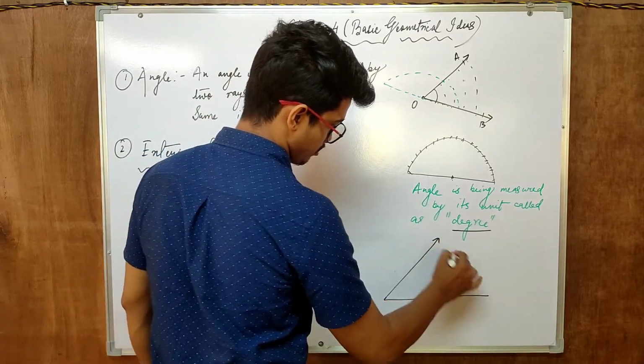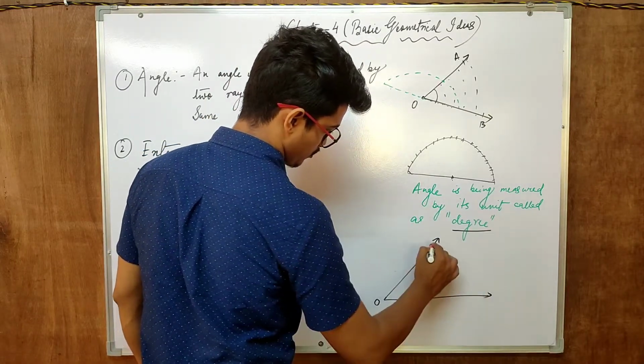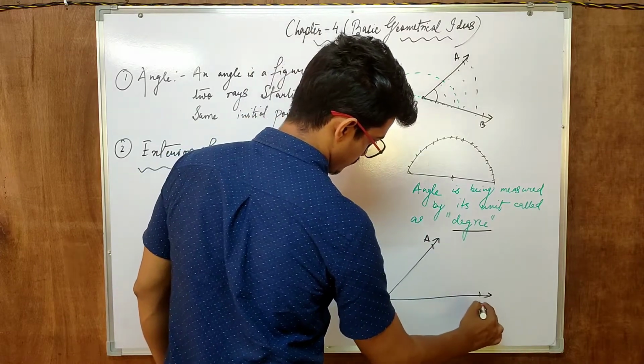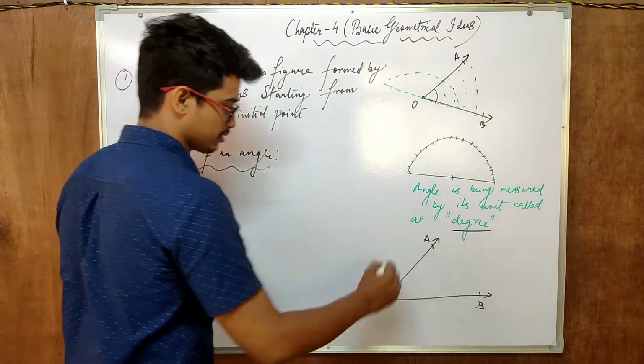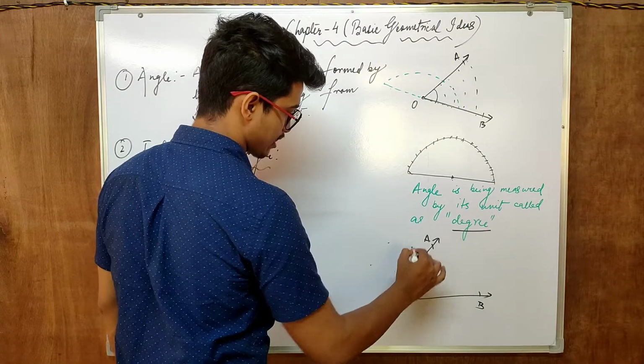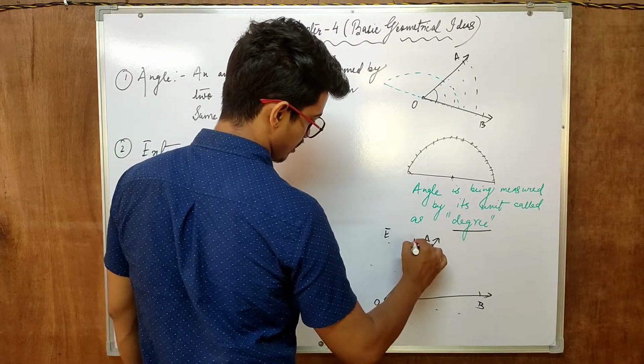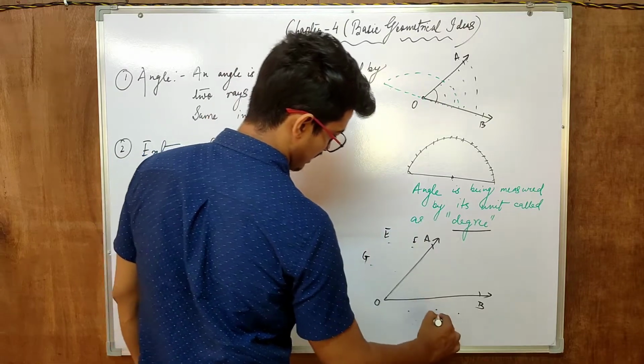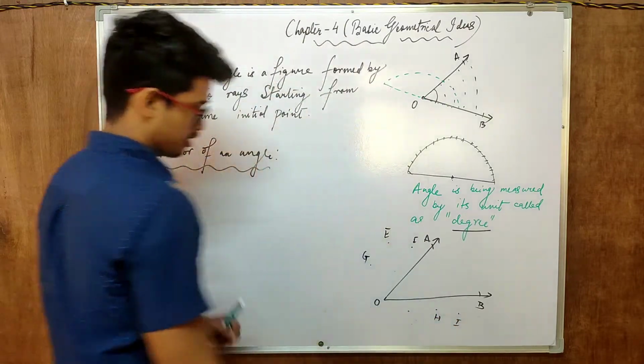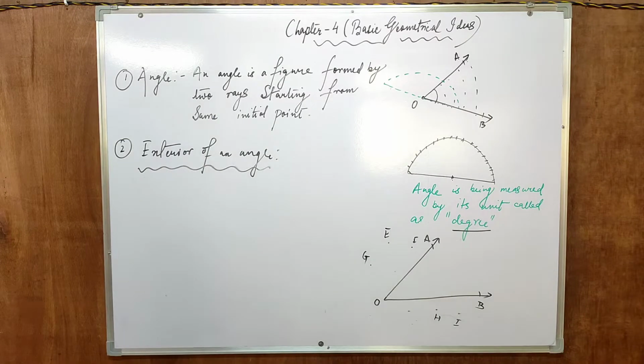Alright, done. OAB. So these points are called the exterior of an angle. So let's say E, F, G, H, I. These points are nothing but called the exterior of an angle.